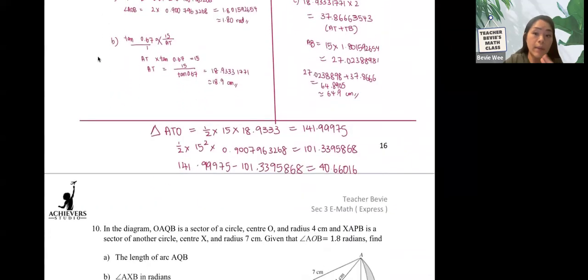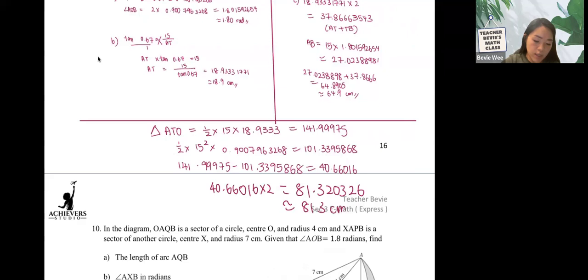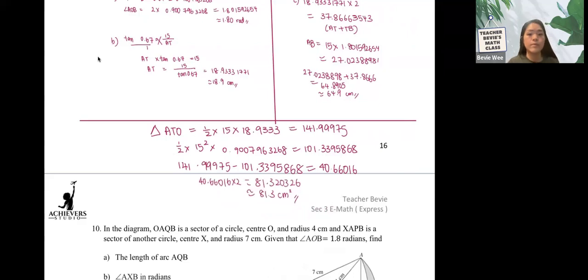So I got 2 of it, because the triangle is exactly half. So I'll take 40.66 times 2 of it. I get 81.3203, so 81.3 cm squared, rounded off to 3 SF. That's all.